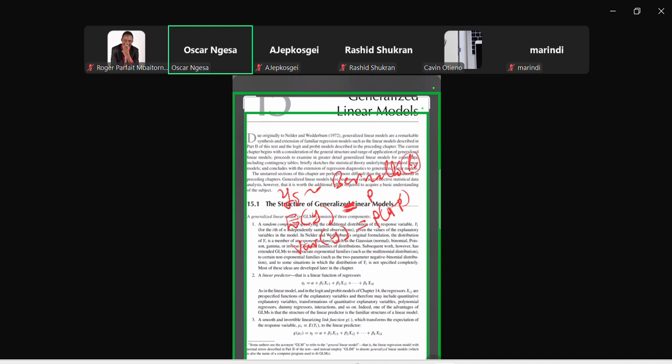What is the expected value of the random variable? We are dealing with the Bernoulli. This is the p times (1 minus p). You are saying the expected value is the same as the mean, eh? The variance, is it? Not. Both.